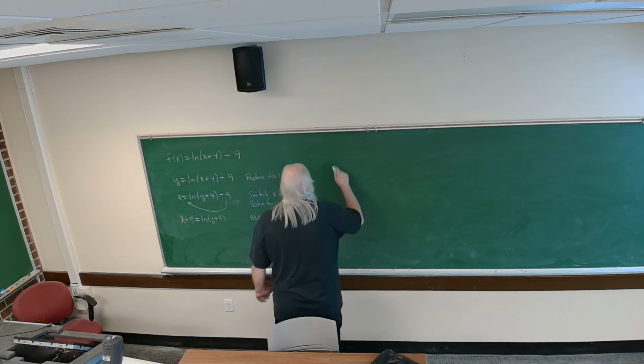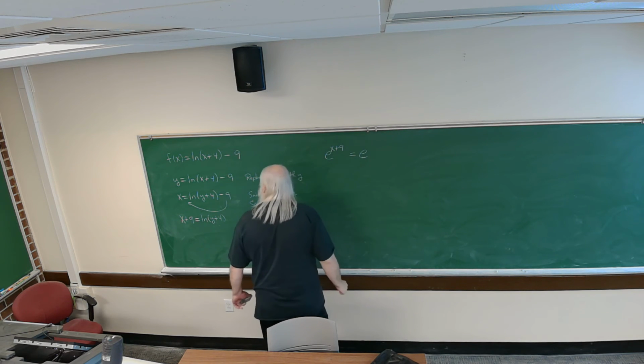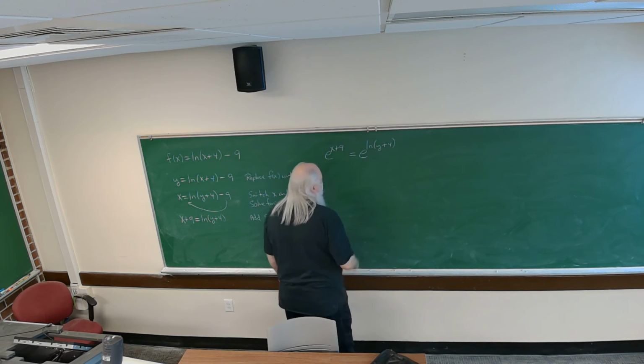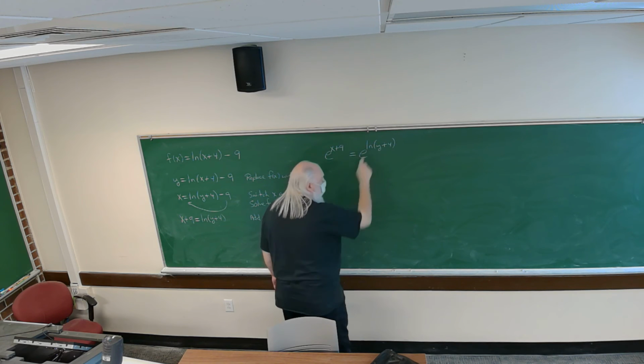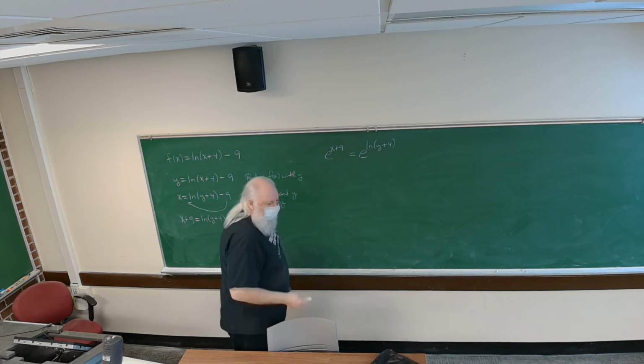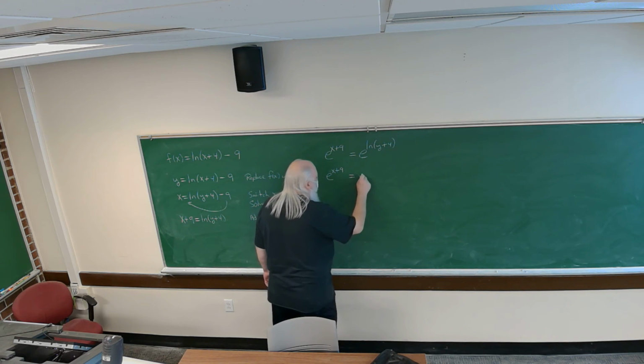So we have e raised to the x plus 9 power is equal to e raised to the natural log of y plus 4 power, right? Natural exponential function and natural log function are inverse functions of each other, right? They undo each other or cancel each other. And so we're left with e to the x plus 9 on the left is equal to y plus 4 on the right.